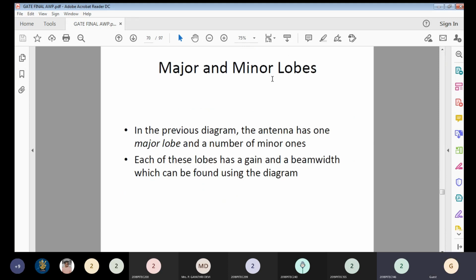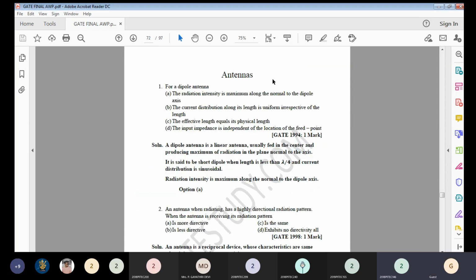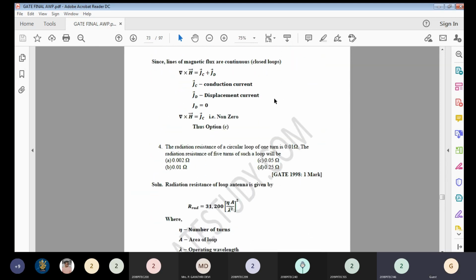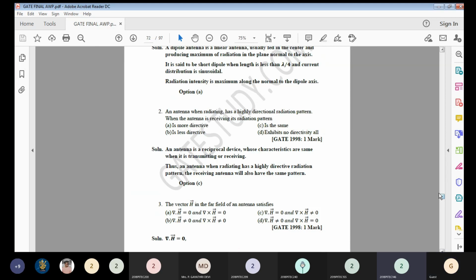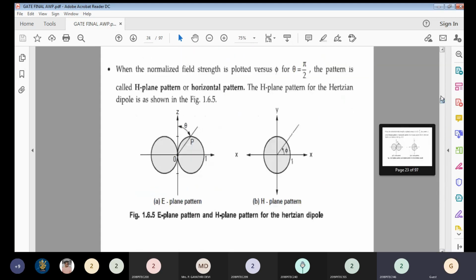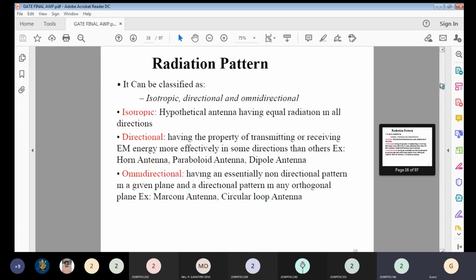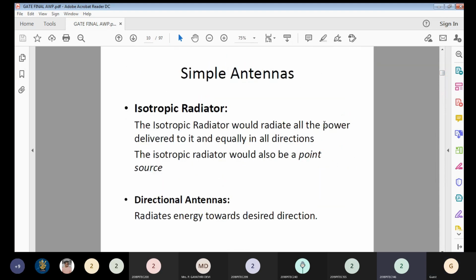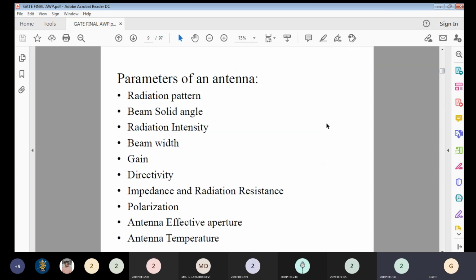Front to back ratio, impedance also, and a few problems we discussed on this topic. And most of our problems we will also discuss in the next class. Okay, these are the basic parameters and concepts of a basic antenna. These many parameters we discussed today. We'll see 3 more parameters in the next class. Apart from that, we'll discuss the dipole, monopole, and linear antenna array concept.